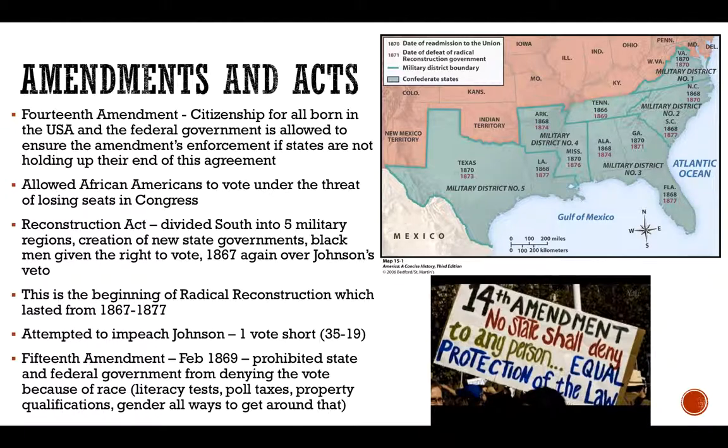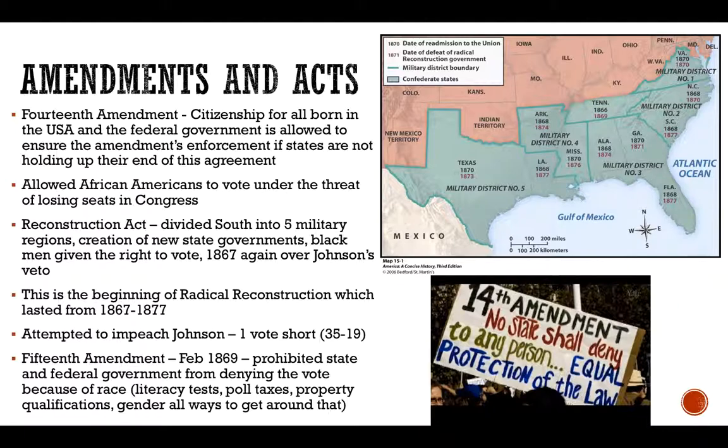The 15th Amendment from February 1869 prohibited state and federal government from denying the vote because of race. And this meant literacy tests, poll taxes, property qualifications, and gender were all ways to get around that.